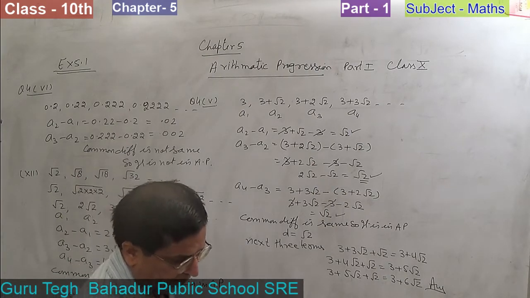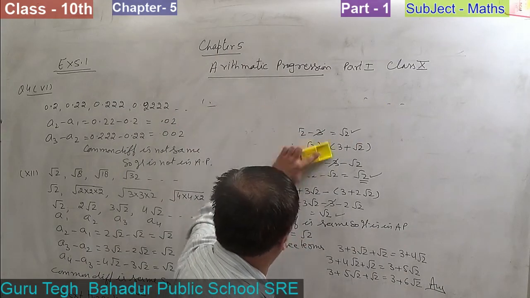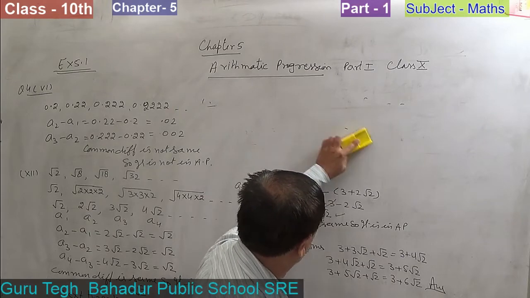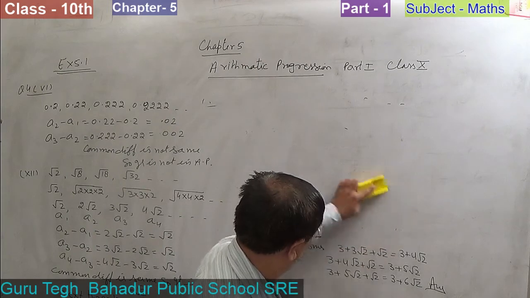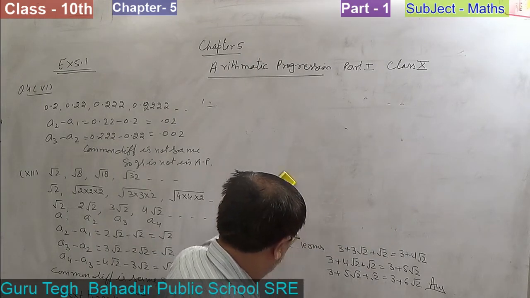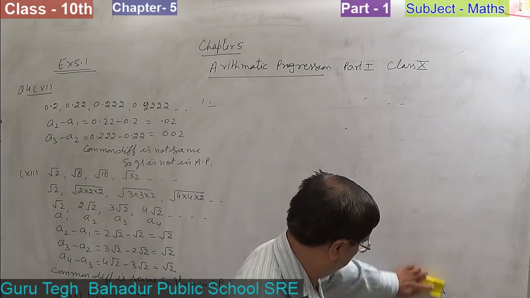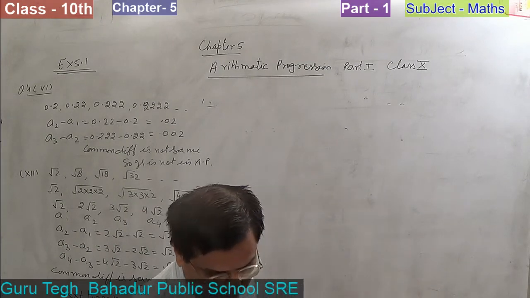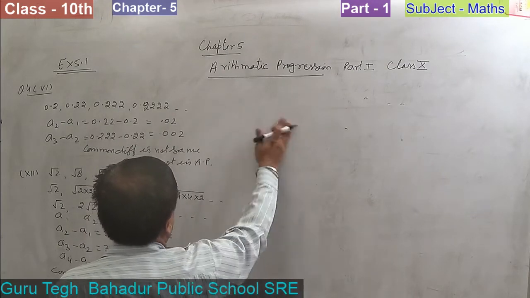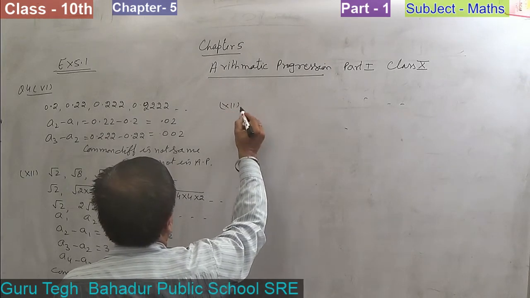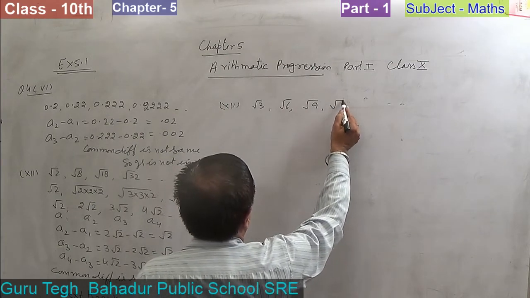Next you see it, 13th part, root 3, root 6, root 9, root 12.